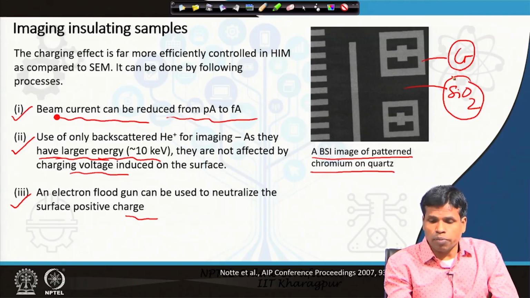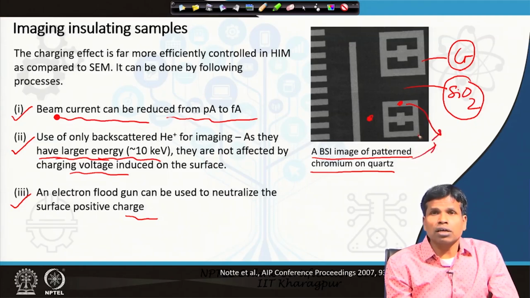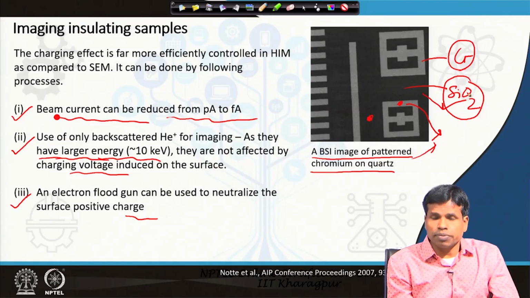It provides information about the specimen, that this region has one material and that region has another material, because of this brightness difference. Here more backscattered ions come out, and they have a much higher energy as compared to those from SiO2, and that also gives us information about the atomic number of the specimen to an extent.